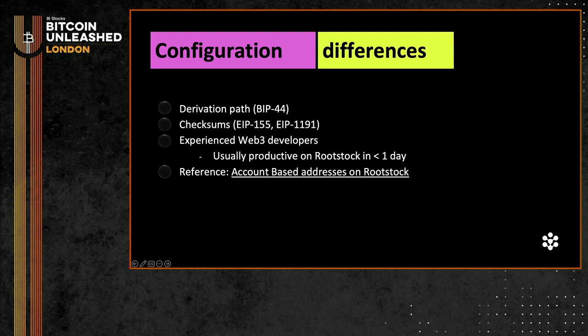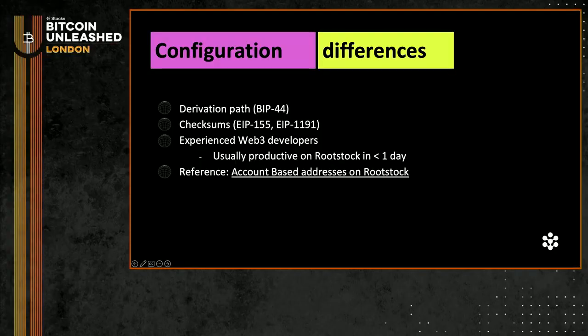And the coin type is the native cryptocurrency of the blockchain. For Ethereum, that number is 60.